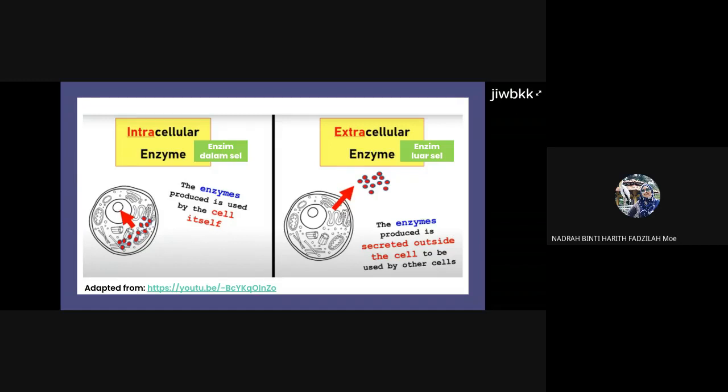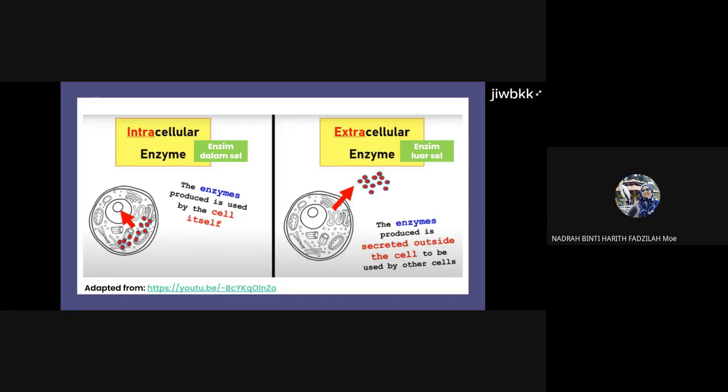Pancreas menghasilkan enzim amylase. Tapi enzim amylase ni tidak mencernakan makanan dalam pancreas. Enzim amylase tu pergi buat kerja dia di duodenum. So that is why we call that particular enzyme as extracellular enzyme.